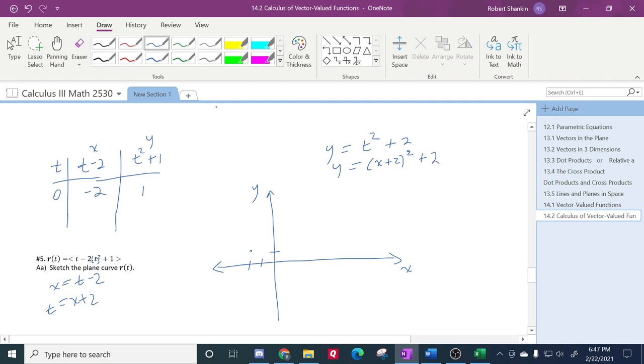So then we see that this is a parabola that's been shifted 2 left and 2 up. So normally it would be 0, 0, and we shifted it 2 units to the left, 2 units up. It shouldn't come down to here then. Actually, isn't it +1? I think.